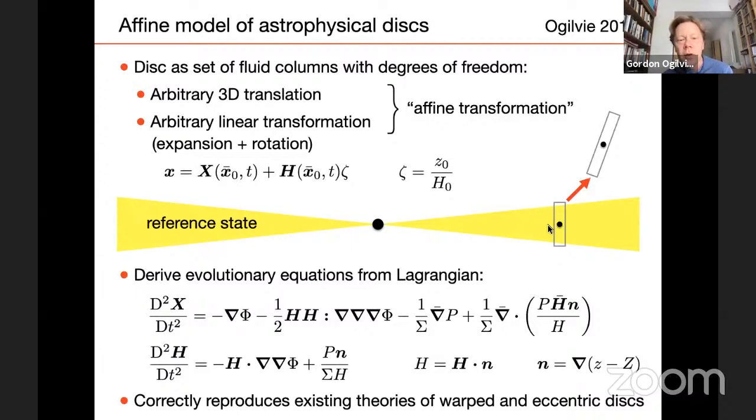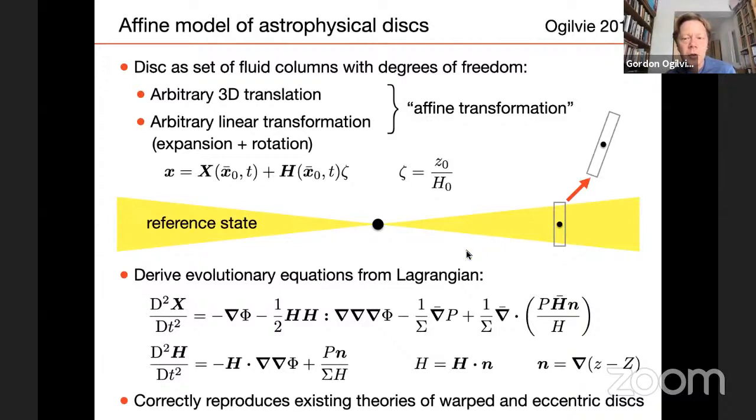But they can also undergo expansions and contractions parallel to their length, and they can undergo rotations or tilts, because that is exactly the sort of shearing motion that's happening inside these warped and eccentric disks. So this turns out to have just the right degrees of freedom to describe the large-scale properties of these systems.